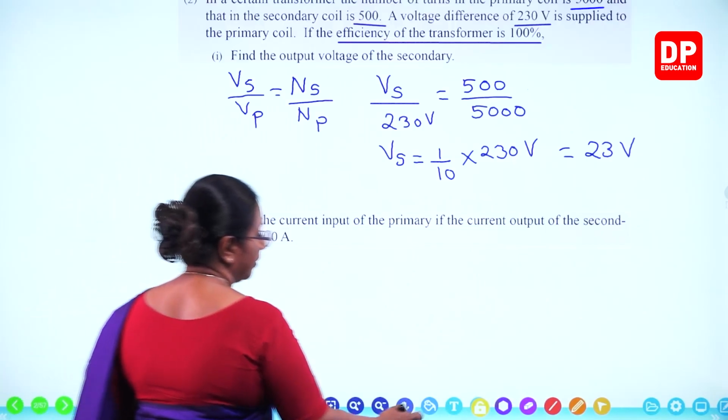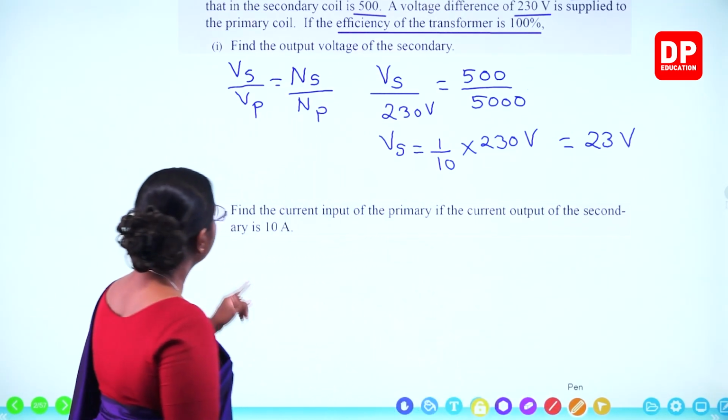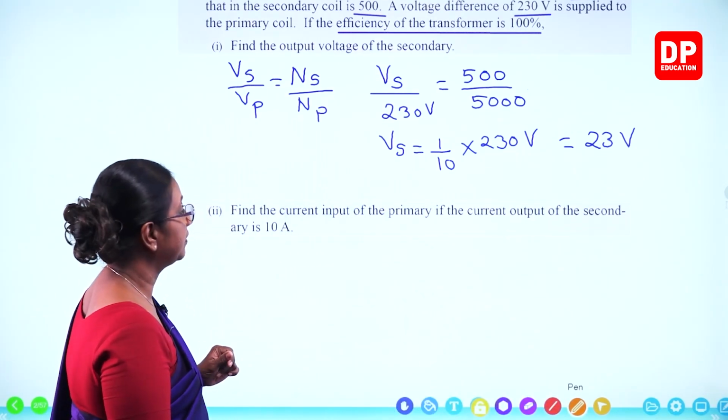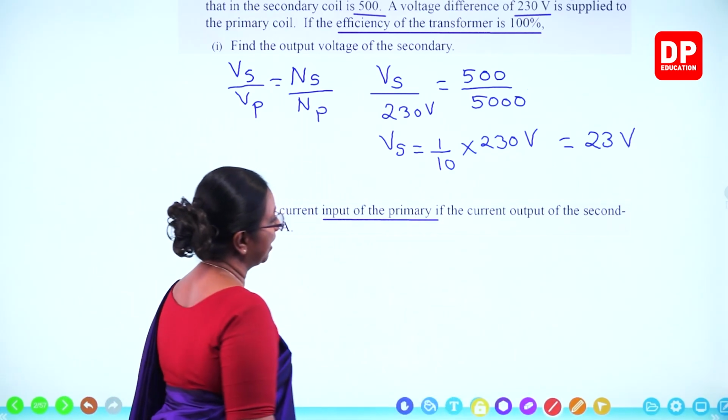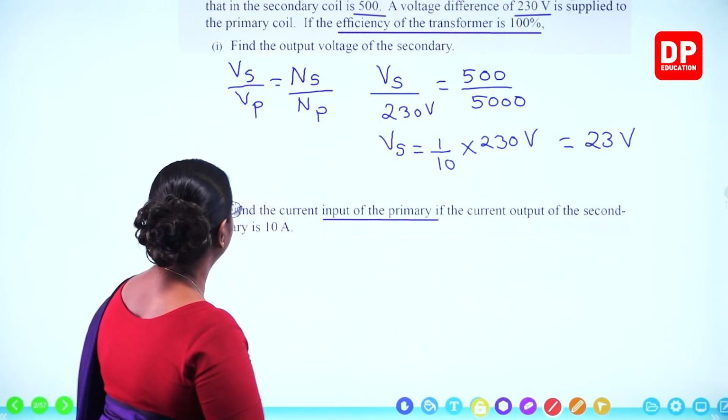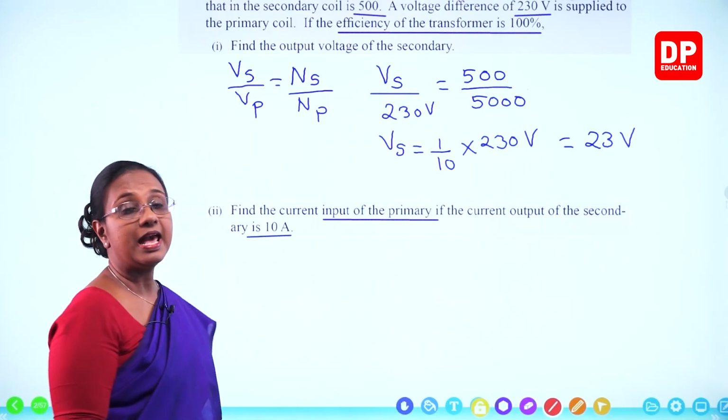Then, now here, the second question, find the current input of the primary. Now here they want you to find the input of the primary if the current output of the secondary is 10 amperes.